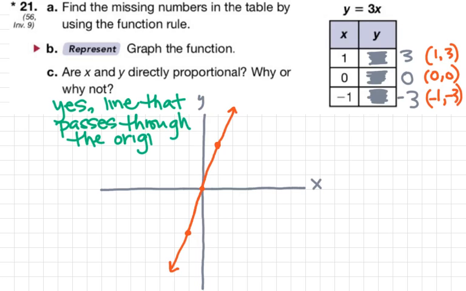So a line that passes through the origin is directly proportional.